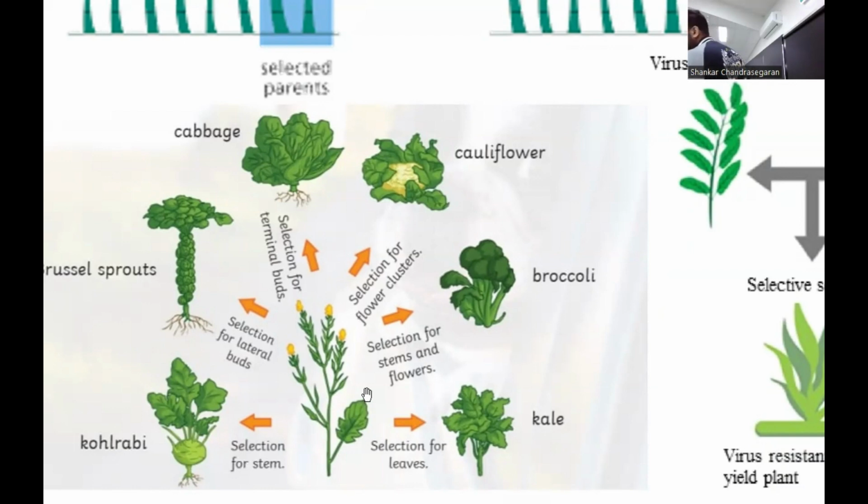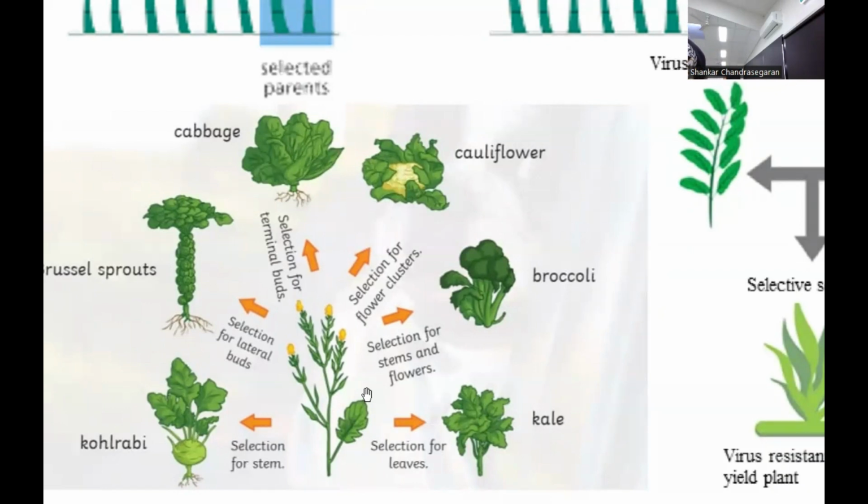Eventually, we had this. For Brussels sprouts, we were selecting for lateral buds. Eventually, we ended up with a population of lateral buds that look like that. And for cabbage, we were selecting for terminal buds, and eventually we got to a population of cabbage, and so on, right?